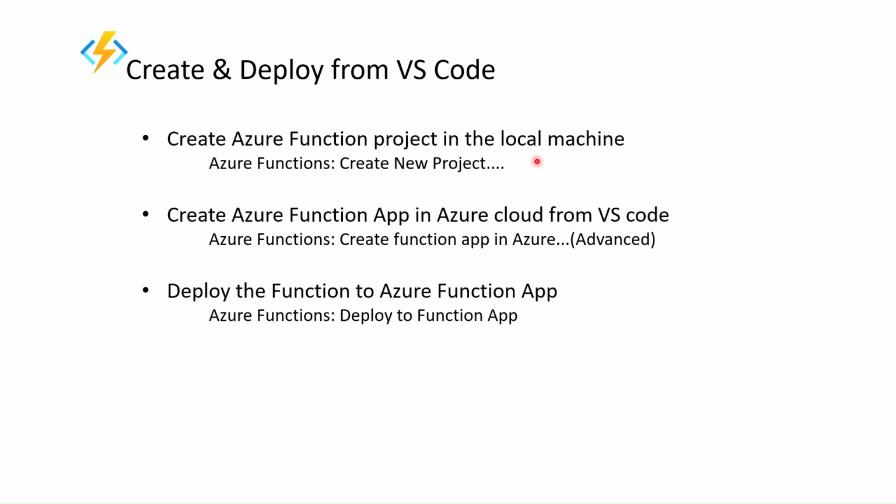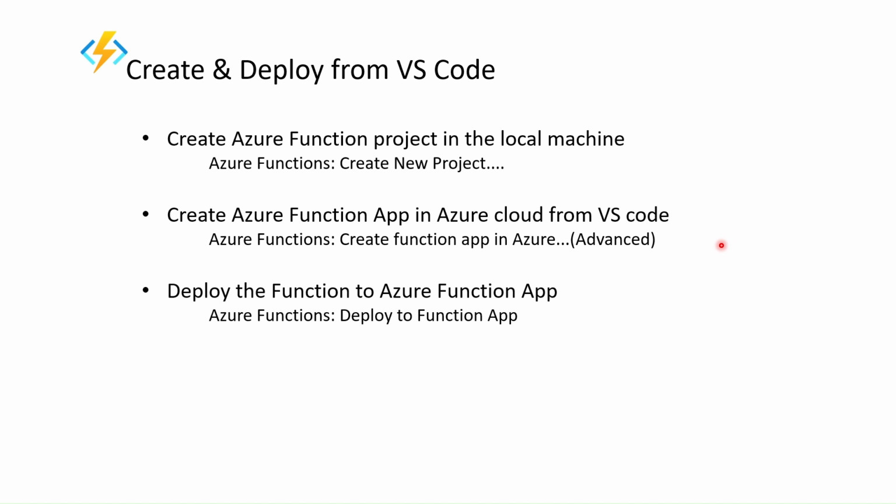This will set up the project folder and the Node.js function that we will deploy into the Azure cloud later. Once this process is completed, we need to create an Azure Function app in Azure cloud from VS Code using this below command. Next, we need to deploy the Azure function that we created in this step to the Azure Function app that is created in this step.